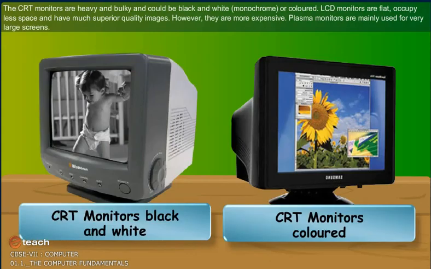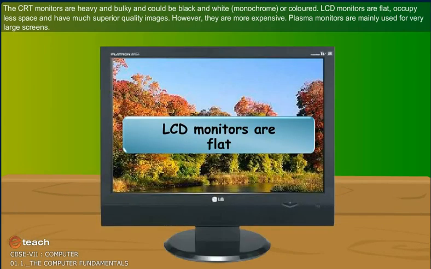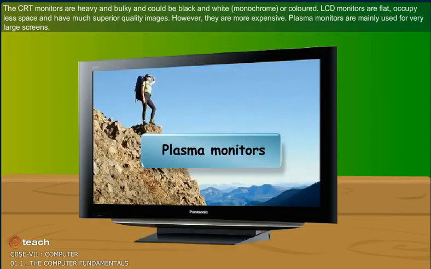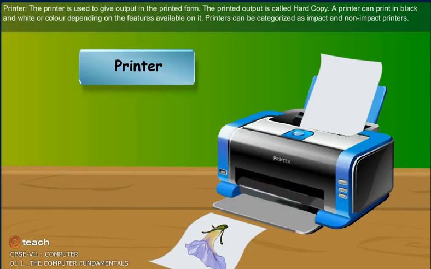The CRT monitors are heavy and bulky and could be black and white, monochrome, or colored. LCD monitors are flat, occupy less space, and have much superior quality images. However, they are more expensive. Plasma monitors are mainly used for very large screens.